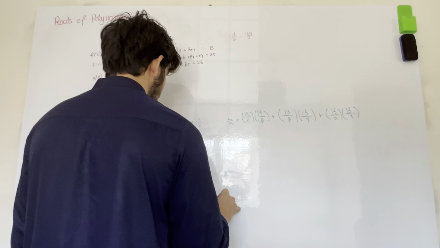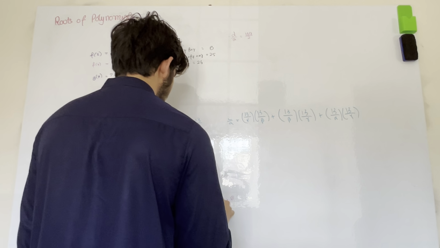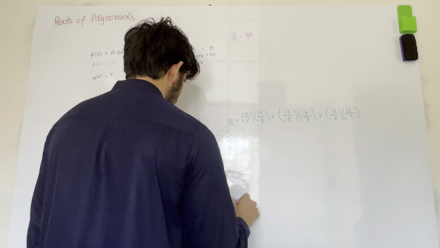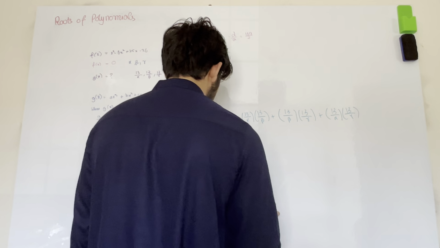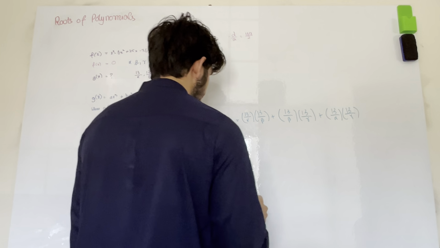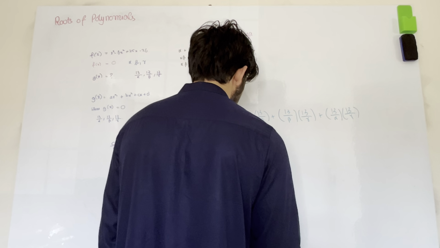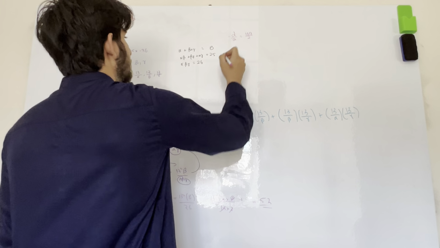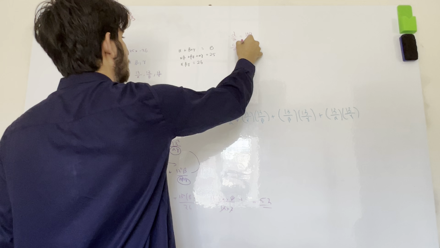Again, splitting up into common factors, we get this final answer, and then 4 times 13 is 52. So in the end, c over a equals 52.